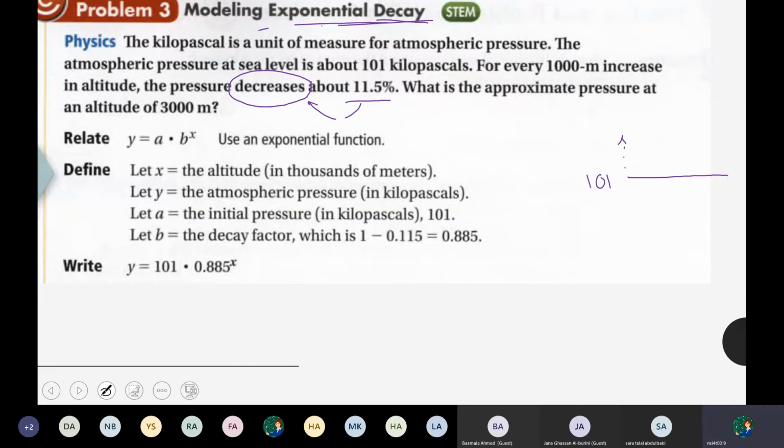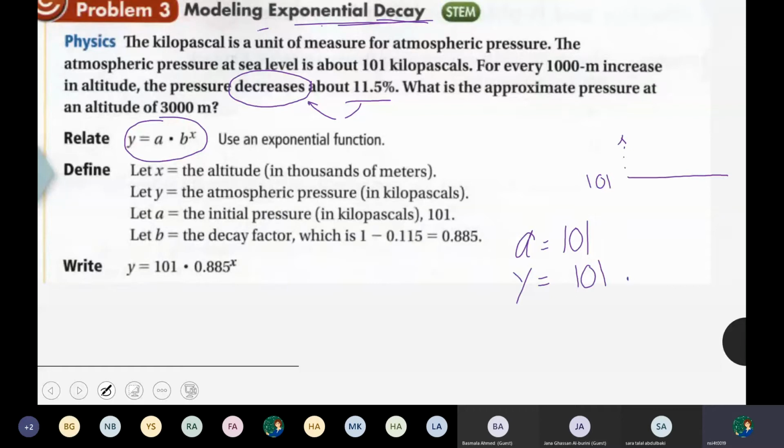Now, let's relate the function. y is a times b raised to x. Where is a? It is 101. So y is 101 times, where's b?